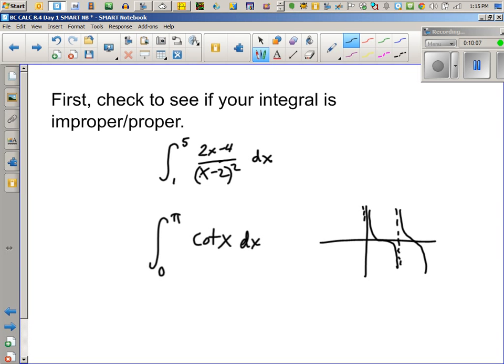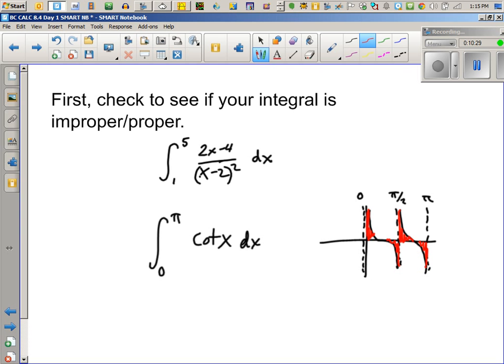You see? This question is completely improper. You're trying to find the area in here. And it's probably 0. You know what I'm saying?